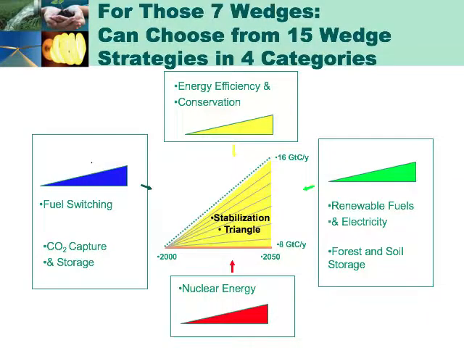So for those 7 wedges, the Princeton think tank came up with 15 different strategies in 4 categories. And these stabilization strategies include things around fuel switching, carbon capture and storage, renewables, forest and soil storage, energy efficiency, conservation, and even nuclear energy was considered.